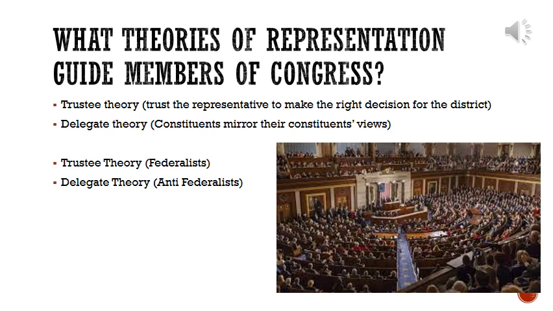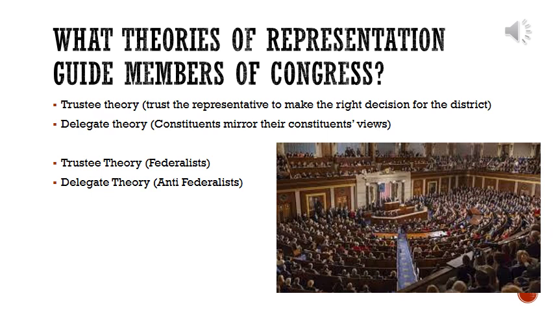You're going to vote based on what your constituents want. So you should be mirroring what your constituents' views are when it comes to that particular election. If you do it this way, then you're not going to have a difficult time whenever you're trying to get reelected every 2 years or so. So these are the 2 theories.